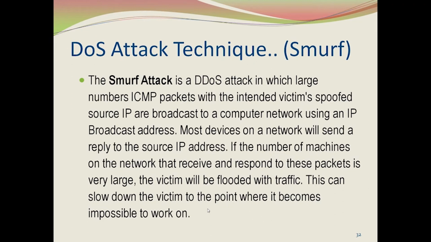So, you understand what will happen then? Everybody will try to acknowledge, try to reply. Most devices on a network will send a reply to the source IP address. If the number of machines in the network that receive and respond to these packets is very large, the victim will be flooded with traffic, obviously. This is going to happen.